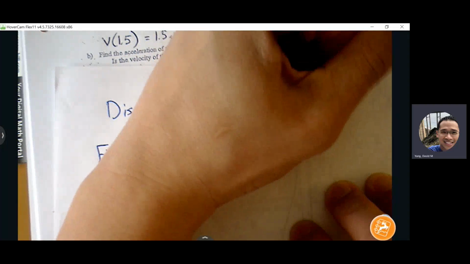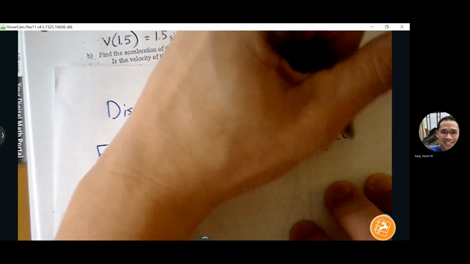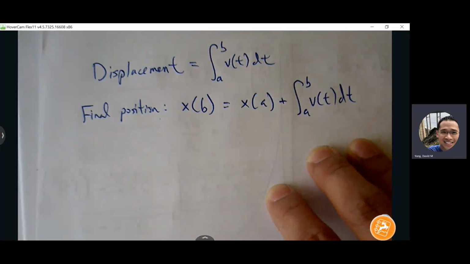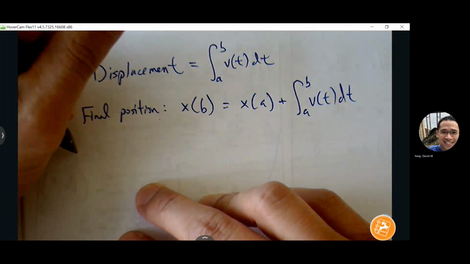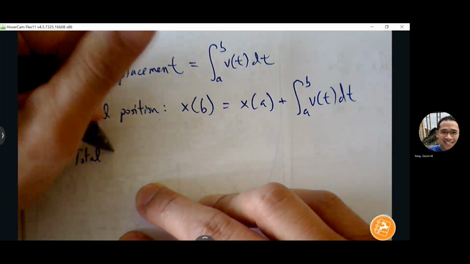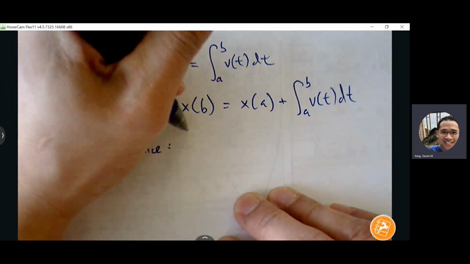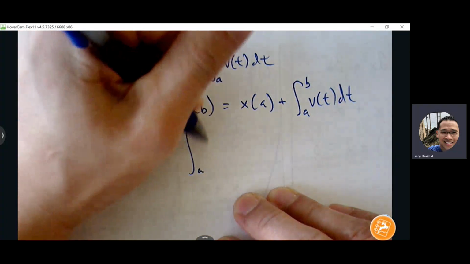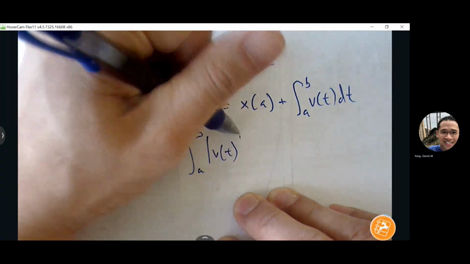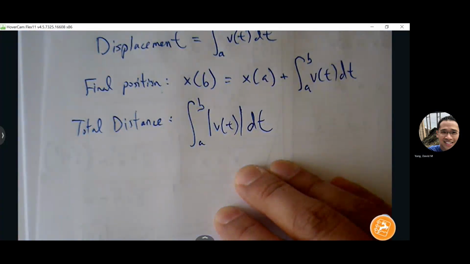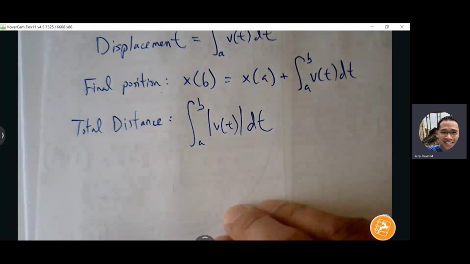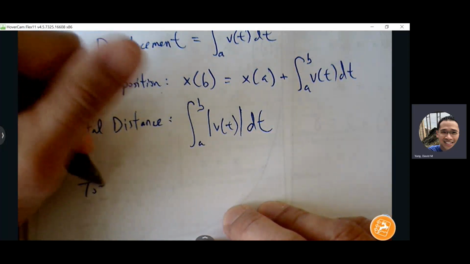Then I have to tack on the displacement. Okay. But total distance is just the definite integral from A to B of the absolute value of v of t dt. Okay, total distance is not this.